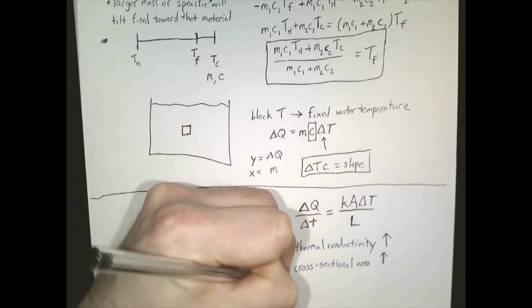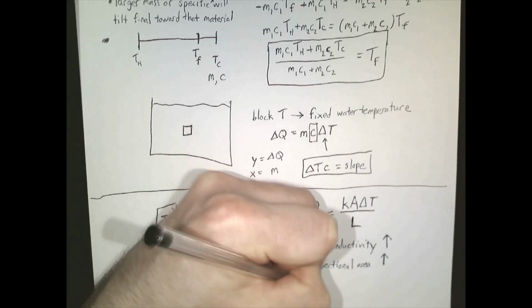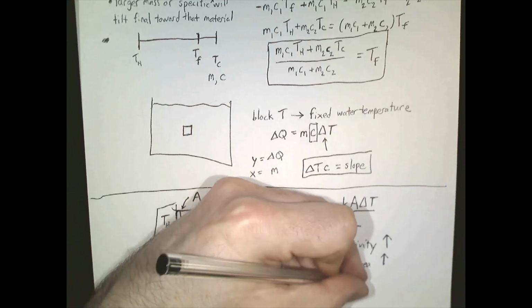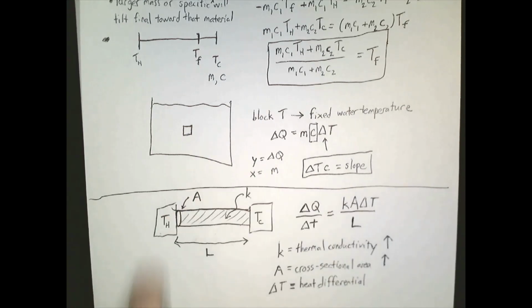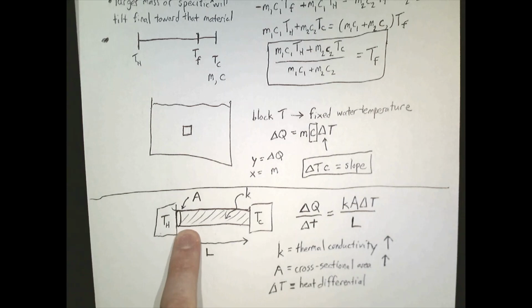Delta T, the heat differential. If the heat differential is very wide, then these very high energy molecules are going to definitely be able to transfer their energy over here more readily.